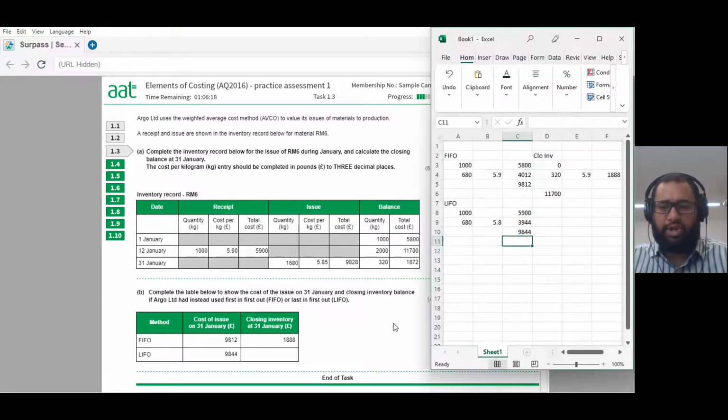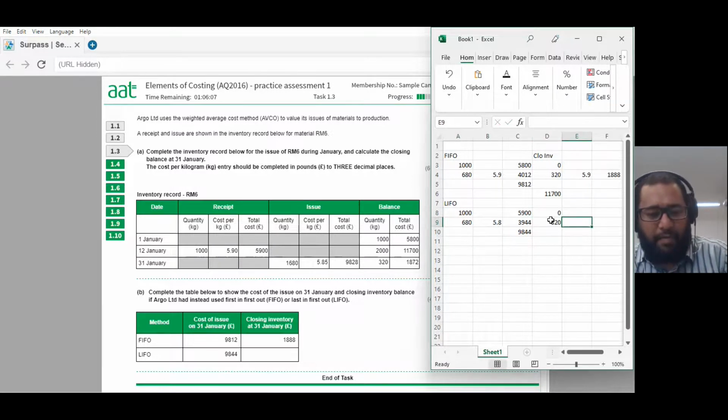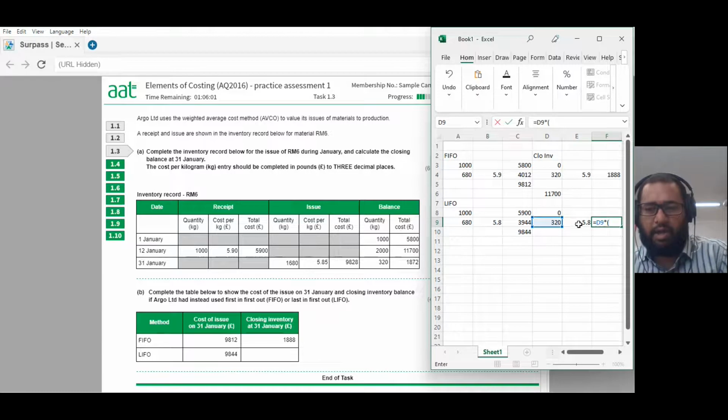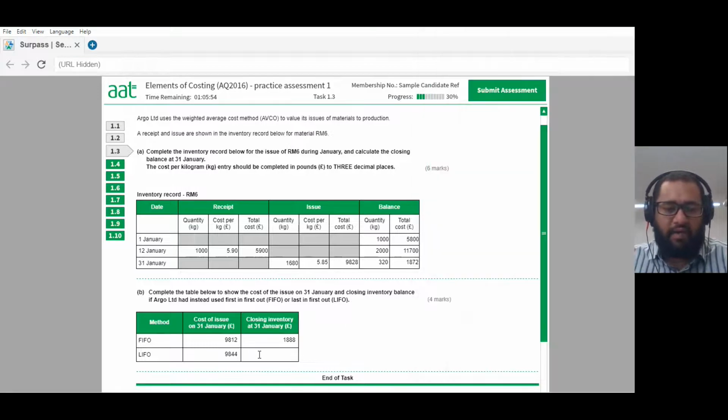And then my closing inventory in this scenario: we have 0 of that, and we have 320 at £5.80. That's going to be equal to that multiplied by that, which gives me 1,856.